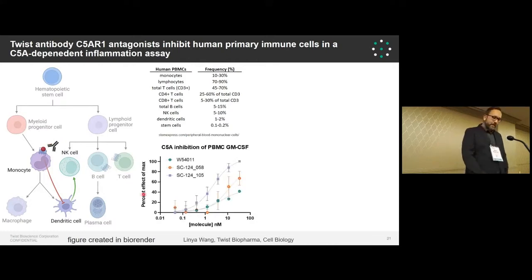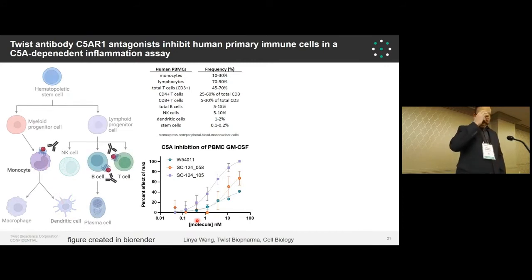Here you can see that small molecule, which is pretty weakly effective, is having activity in this assay. Here, the partial agonist is actually overlapping with the small molecule, and then the beta-arrestin biased antagonist is really the best blocker in this assay.